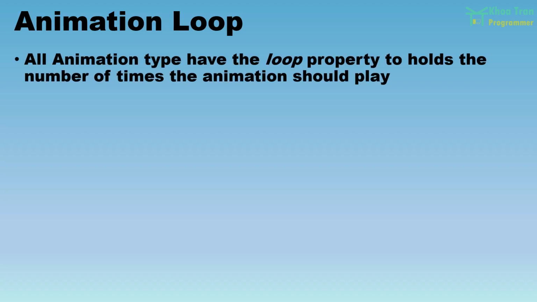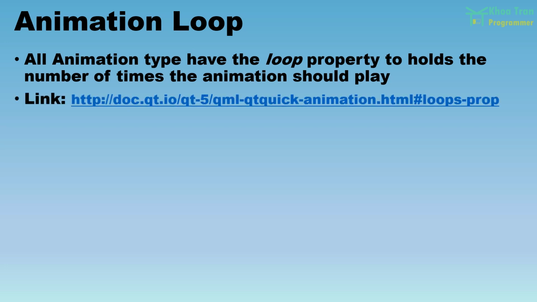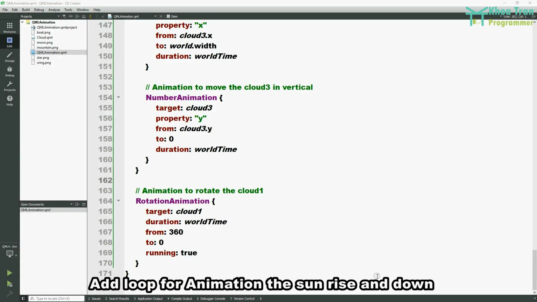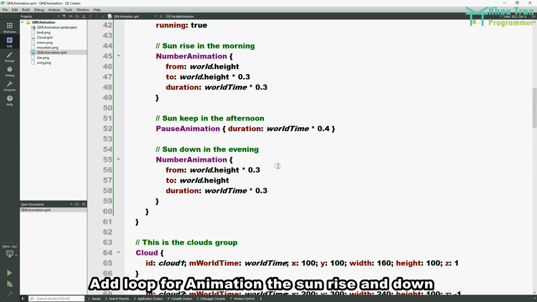Animation loop. All animation types have the loop property to hold the number of times the animation should play. We will make all of the current animations loop forever by setting the loop property to infinite. Add loop for the animation of the sun rising and going down.